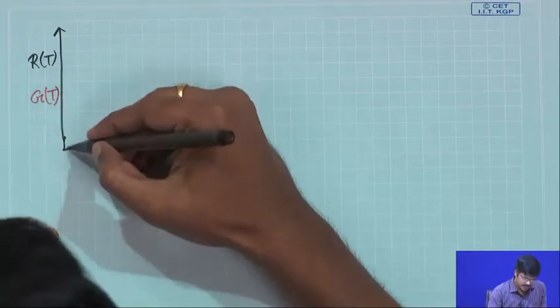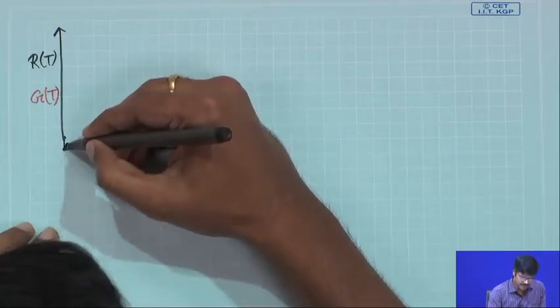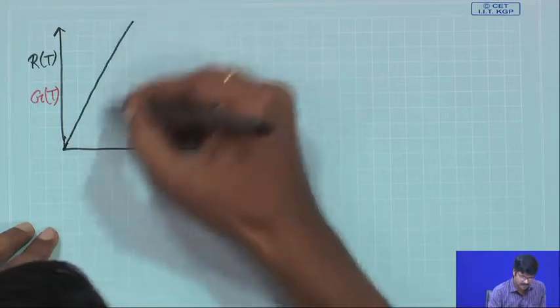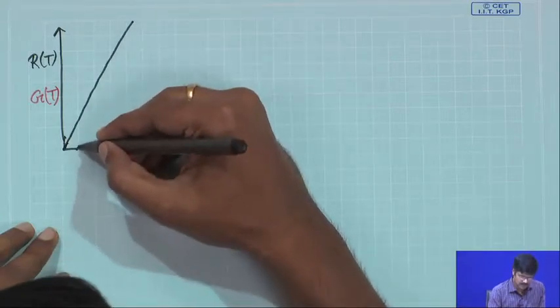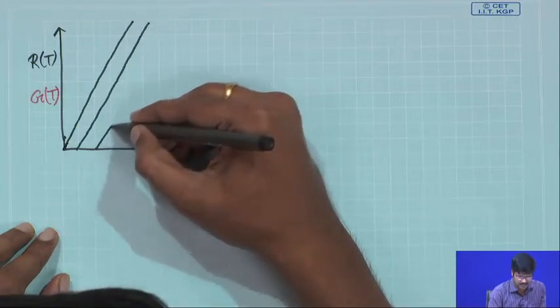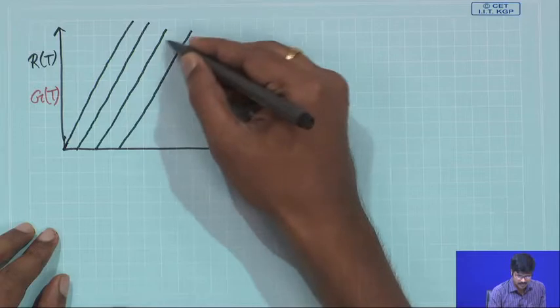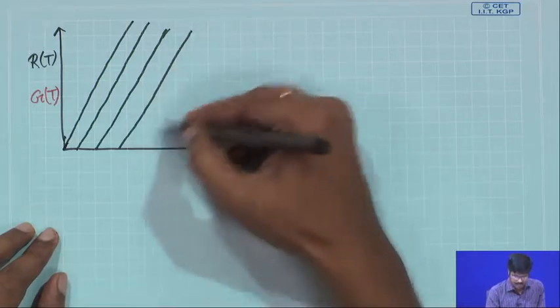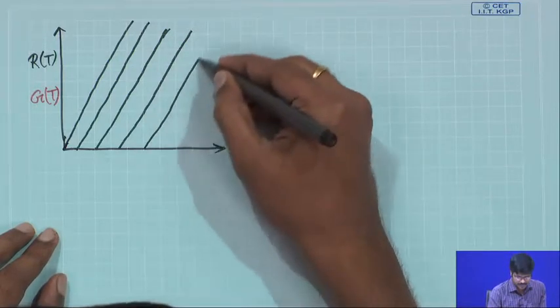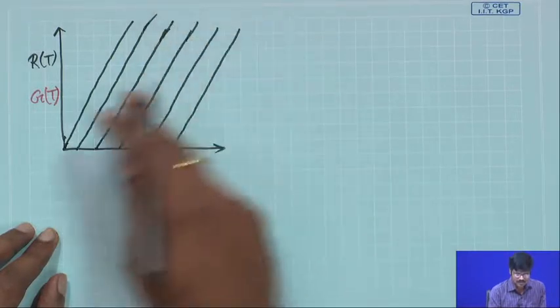So, your RT is something like this. Several values of RT are possible, I mean several lines like this, because as you keep changing the temperature, you can get this kind of lines. This is with increasing T0.